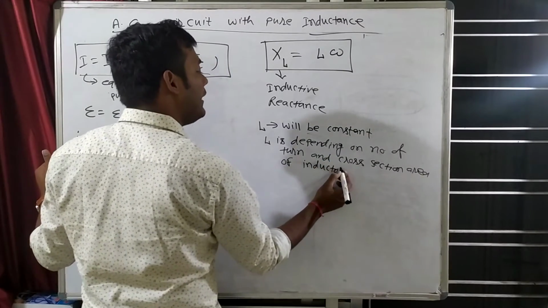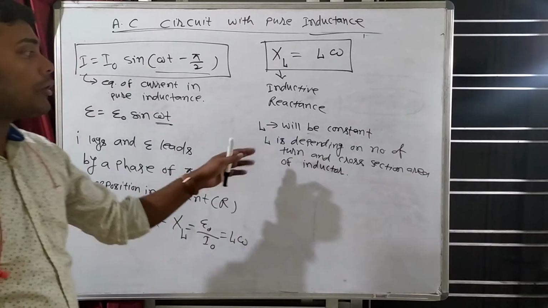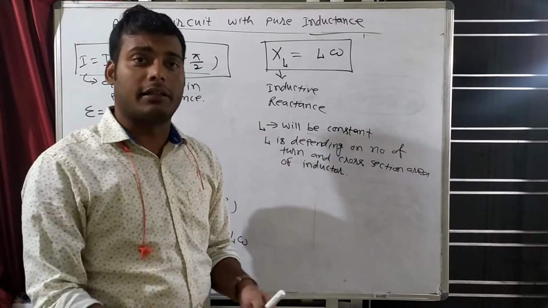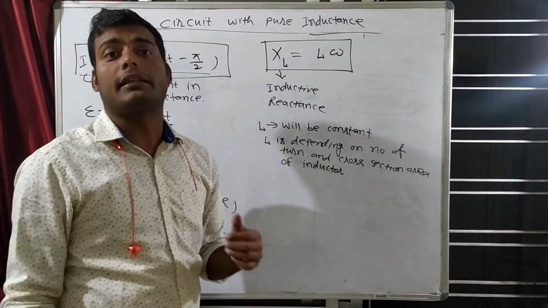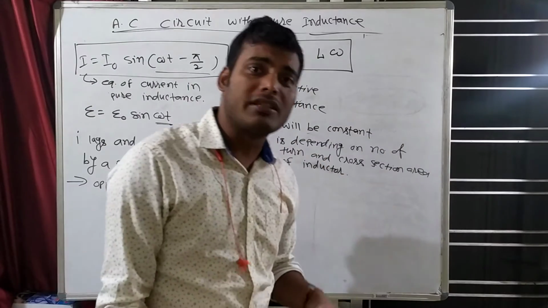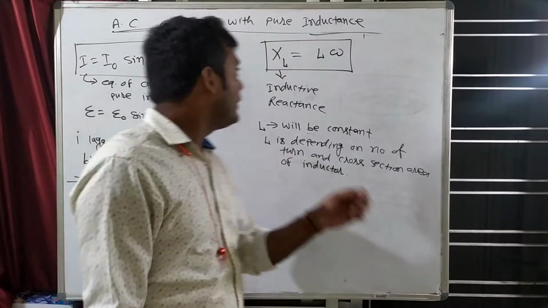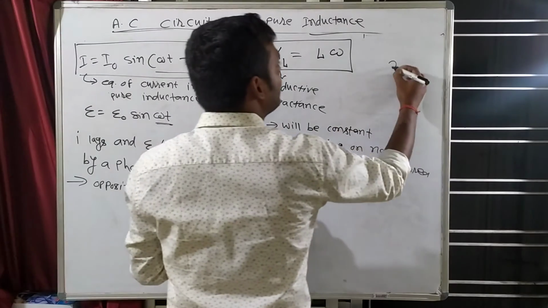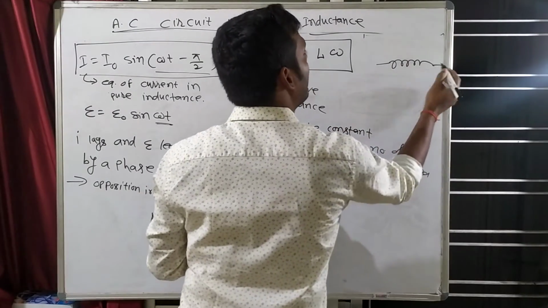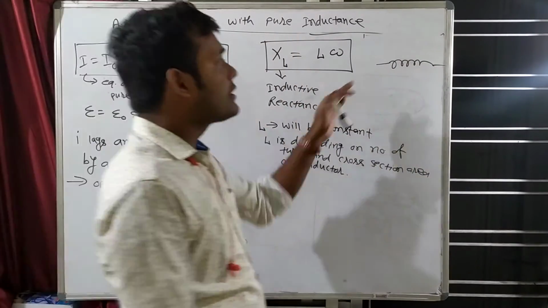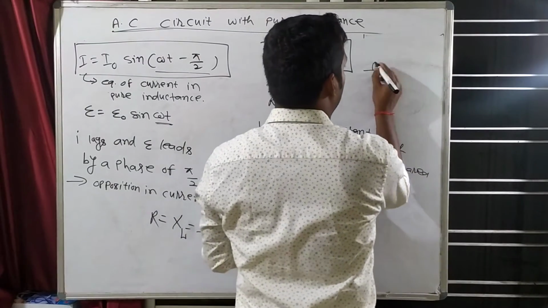Both the cross section area and the number of turns are constant when we manufacture an inductor in the company. What is the cross section area? This one.